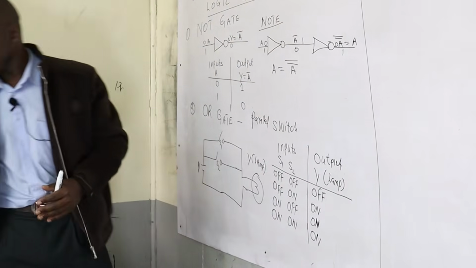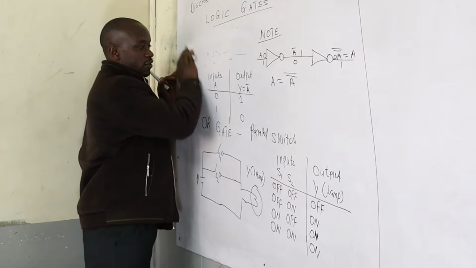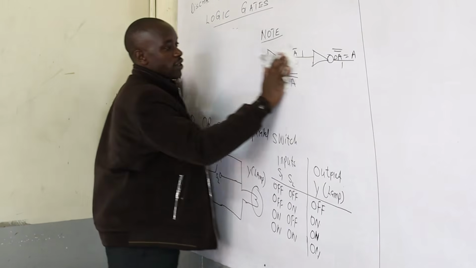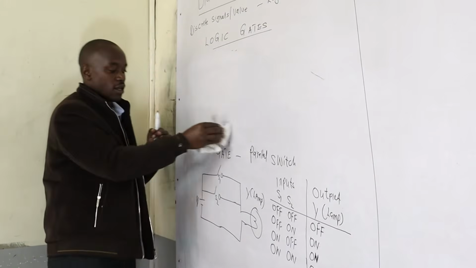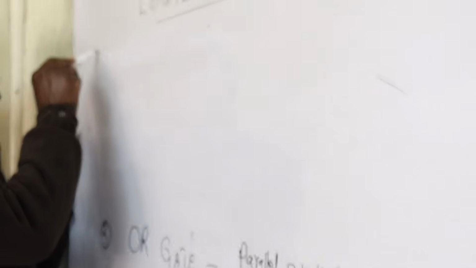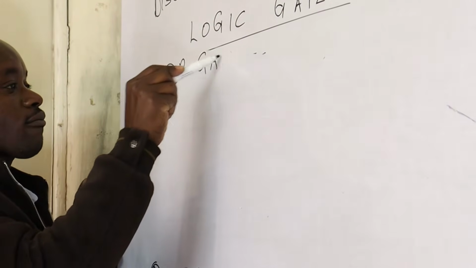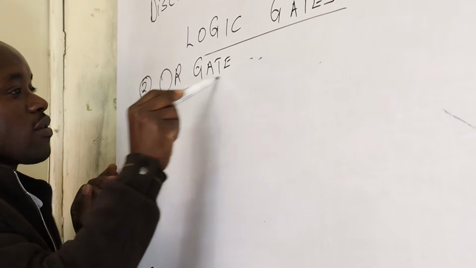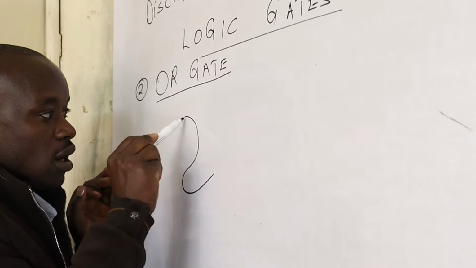I want to now draw the symbol of an OR gate and the truth table. Then I will compare with what we have drawn down there, to see if they mean the same. So the symbol of the OR gate, number 2, we are talking about the OR gate. The symbol of the OR gate appears this way. It is like something this way.